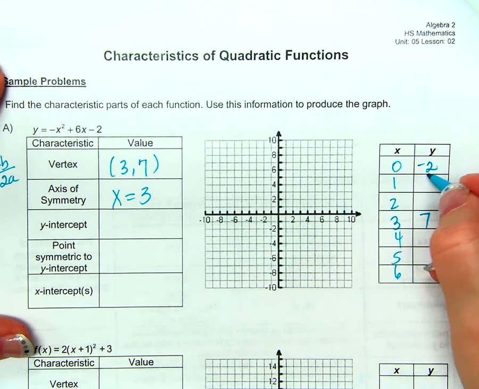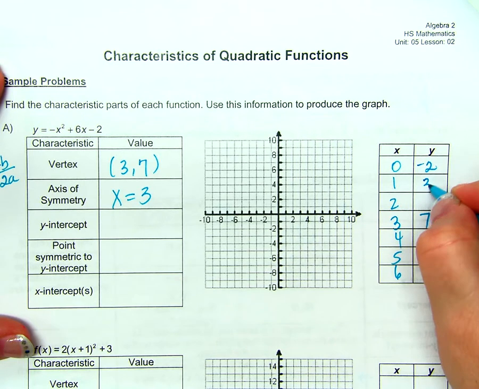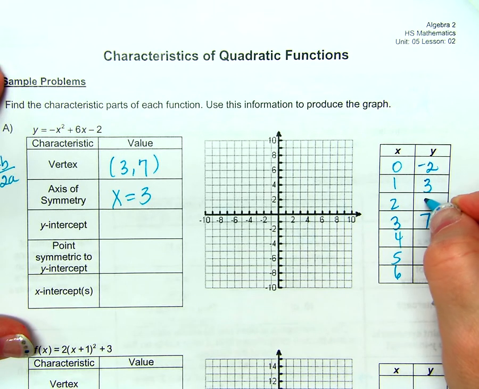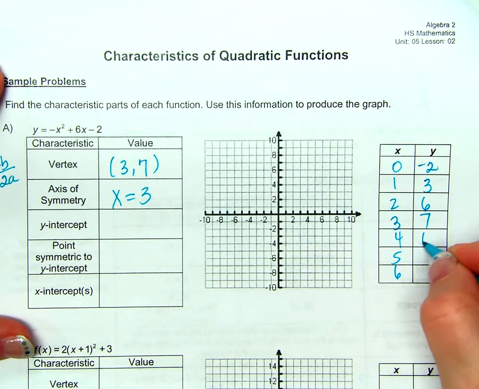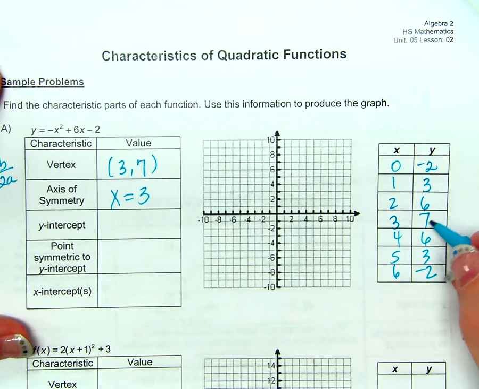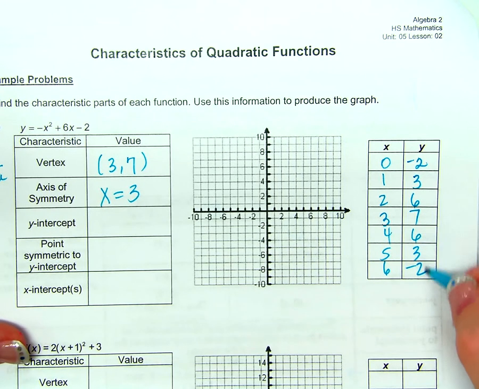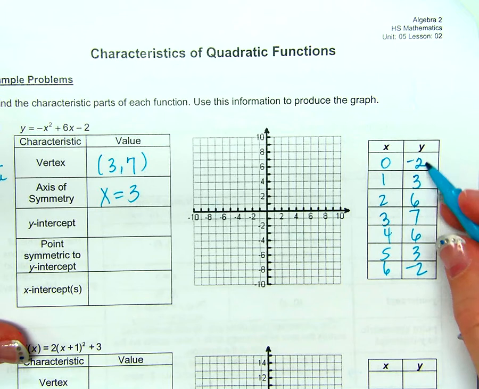What is this, 3? 6? 6, 3, negative 2. Wait. I didn't do any math for these 3 right here. Once I knew the first one, the second one, and the third one, I just filled in the whole table.